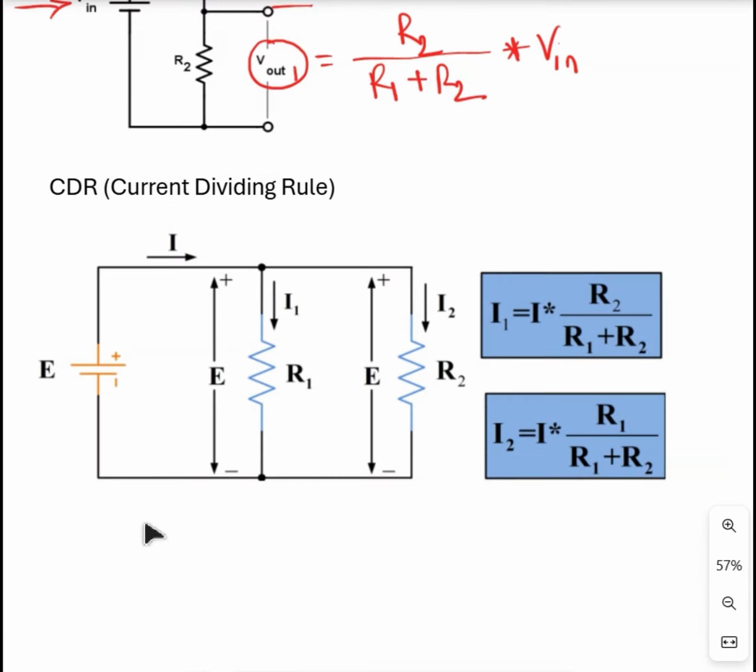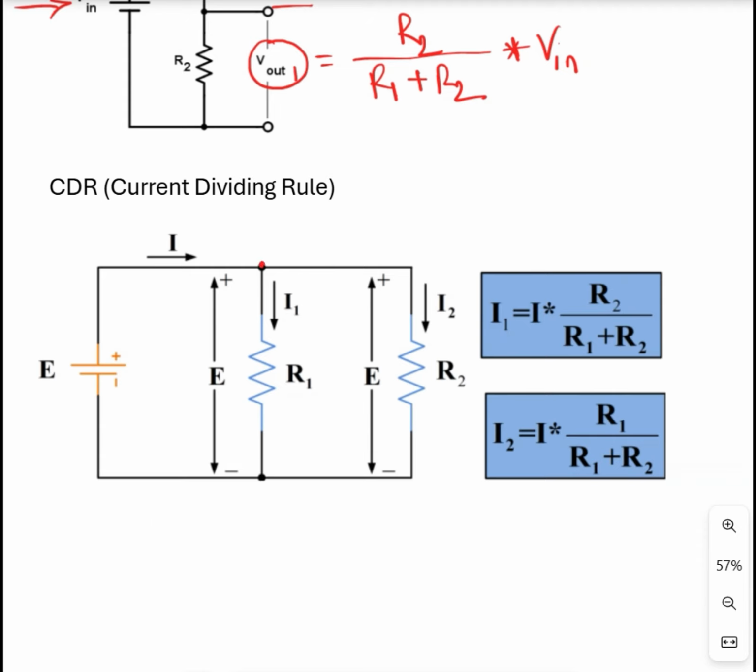Another important rule is the current dividing rule, or CDR. This VDR and CDR are actually used for parallel circuits. Here as well is a parallel circuit, and for CDR we have to understand the node, right?